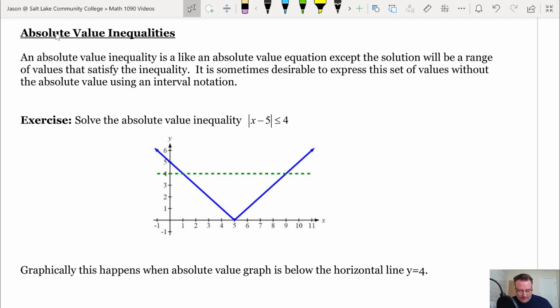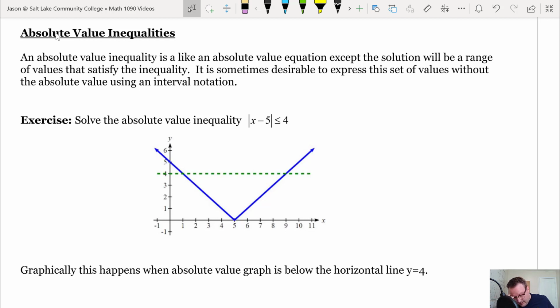Okay, here's an exercise. Solve the absolute value inequality: the absolute value of x minus 5 is less than or equal to 4. Here we've done it graphically as well. We have the graph of the left-hand side of this inequality in blue, and the graph of the right-hand side of the inequality in the dashed green line.